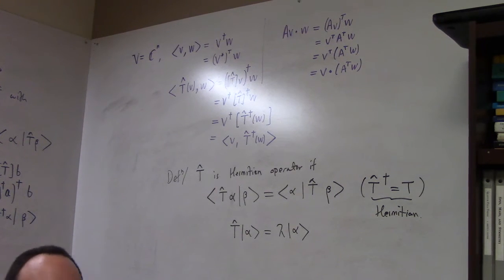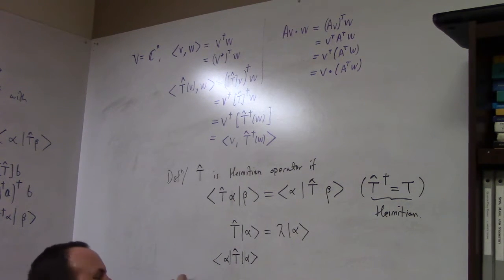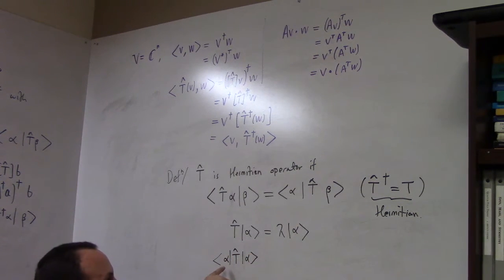So what happens if I take, say, alpha, T hat, and act on this thing? Here's the question of what that means. Let's look at it a different way. I'm taking the inner product of alpha with this vector.